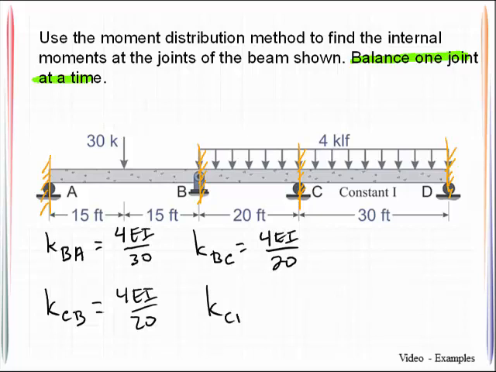Stiffness for CD, 4EI over 30. And recognizing in all of this that the moment of inertia is constant for the entire length of the beam. Also implied in there is that the material modulus of elasticity is the same across the entire length of the beam as well.